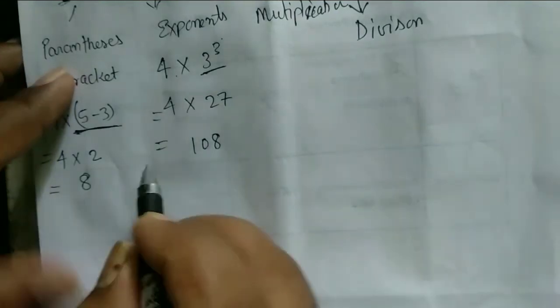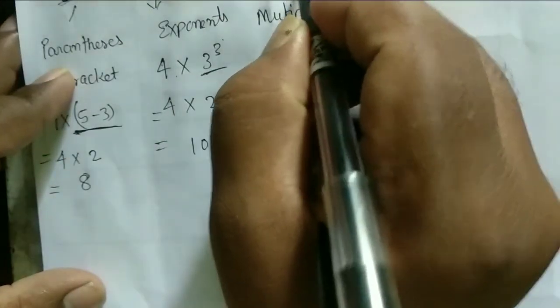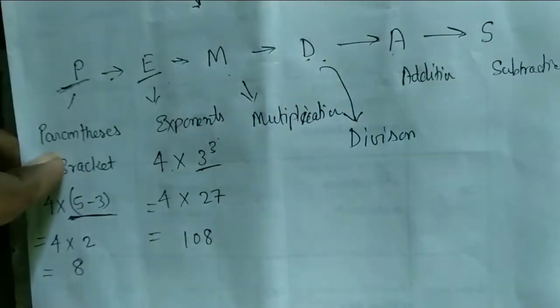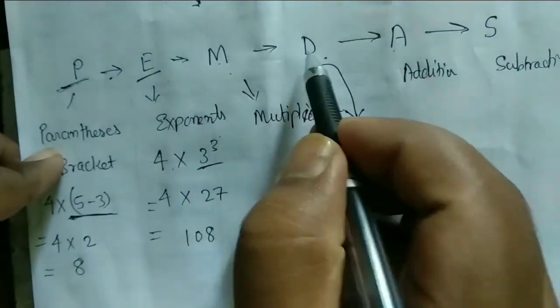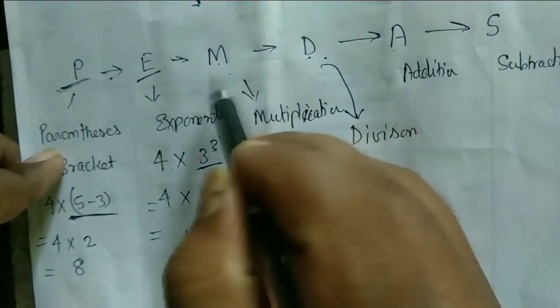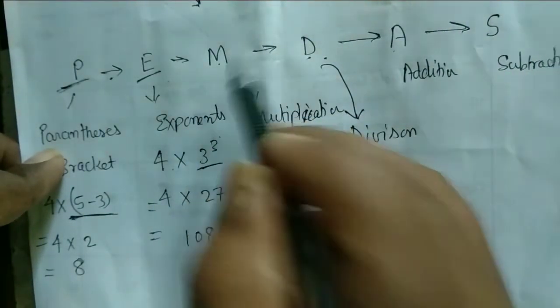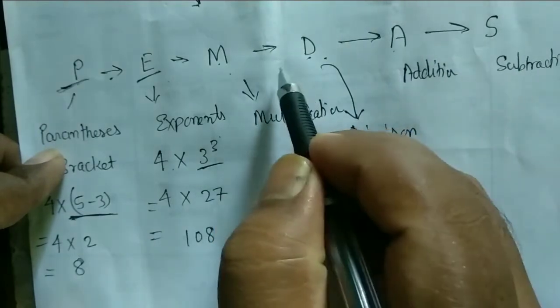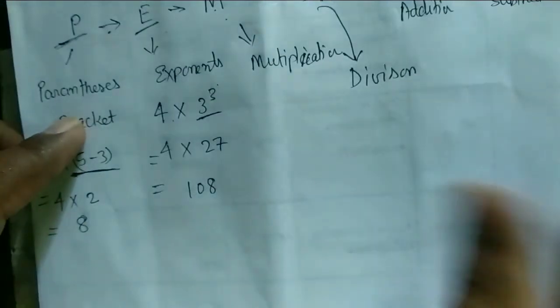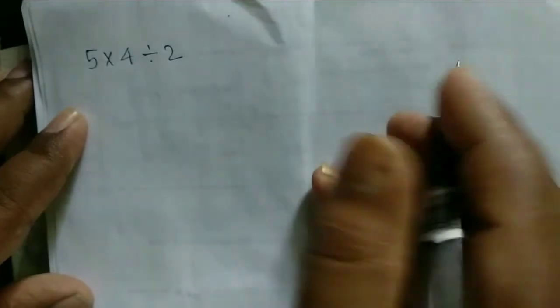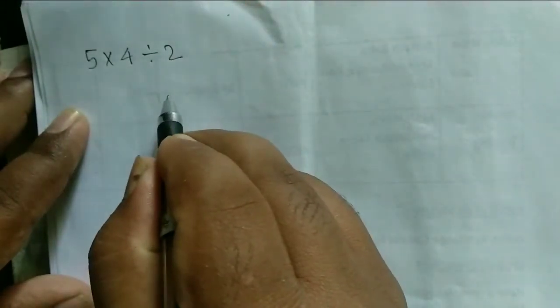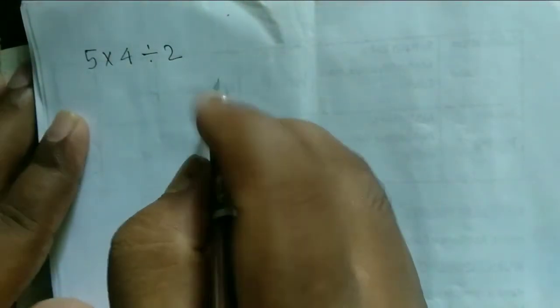Regarding the multiplication and division rule, we can either do multiplication first or division first. That doesn't matter. We will arrive at the same result whichever we do first. Let's take an example: 5 into 4 divided by 2.